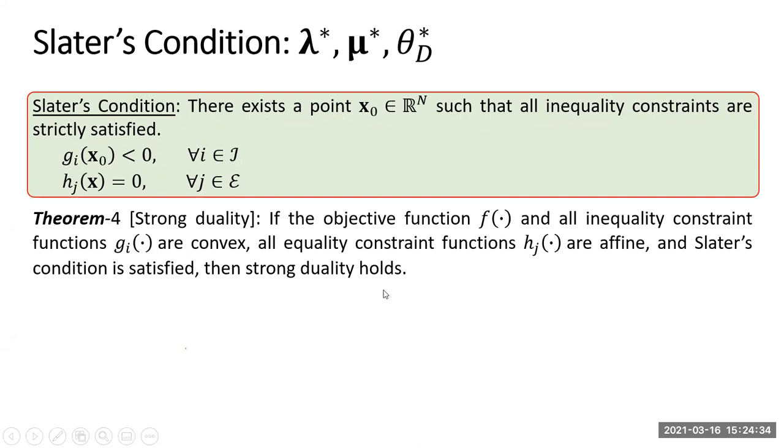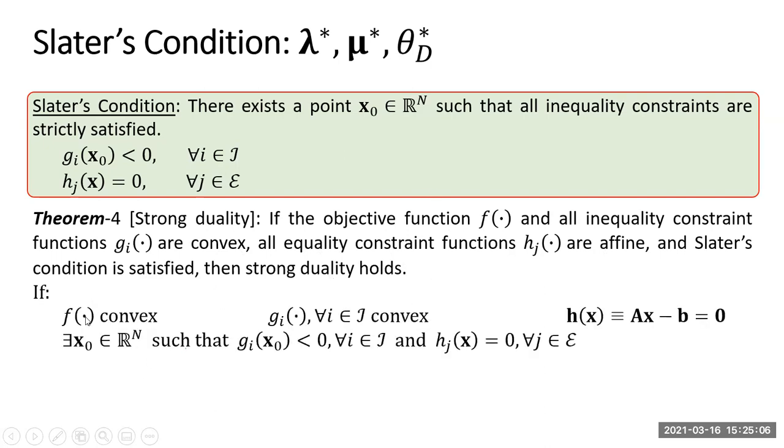And then theorem 4: if the objective function and all inequality constraint functions gi of x are convex, and all equality constraint functions are affine, I'll tell you what affine is, and Slater's condition is satisfied, then strong duality holds.